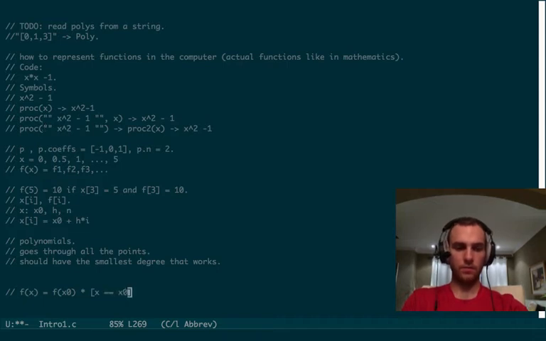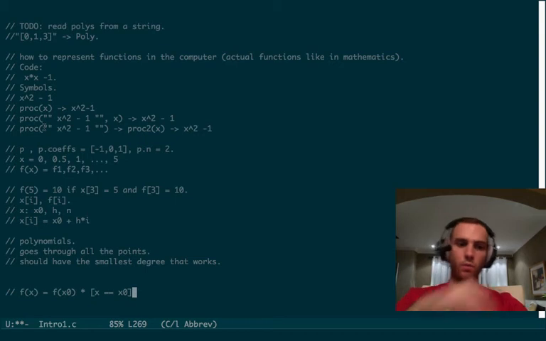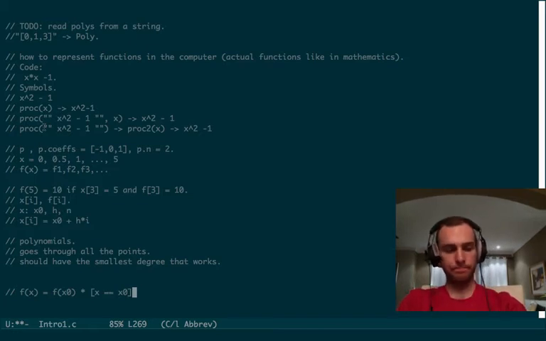When x is equal to x0, that's equal to 1, otherwise it's not equal to 1. When x is equal to x0, it's not equal to x1 or x2.